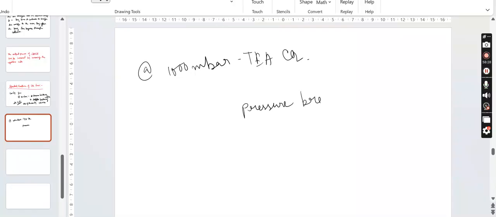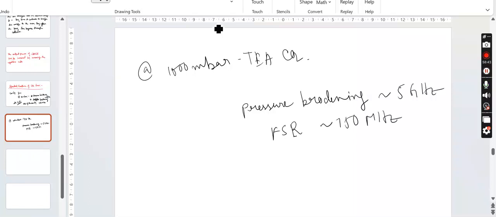But at high pressure, like at 1000 millibar operation, that is for TEA carbon dioxide lasers, the pressure broadening is around 5 gigahertz. So the broadening is much more than the FSR, and FSR is still 150 megahertz.